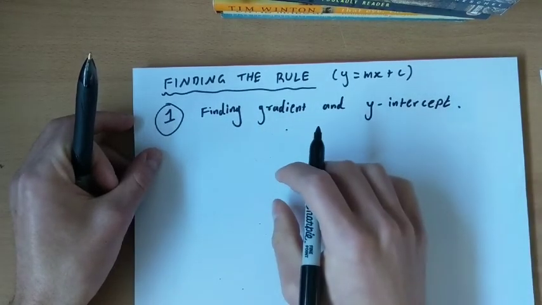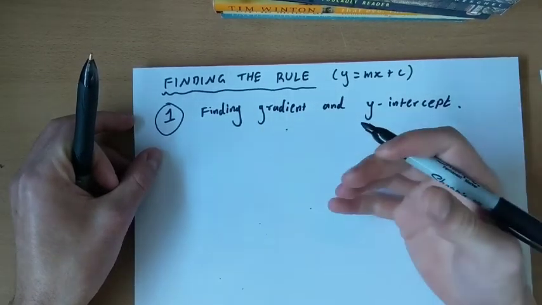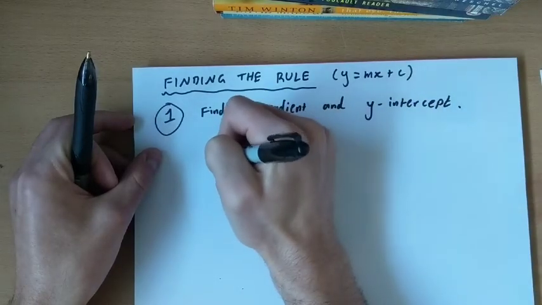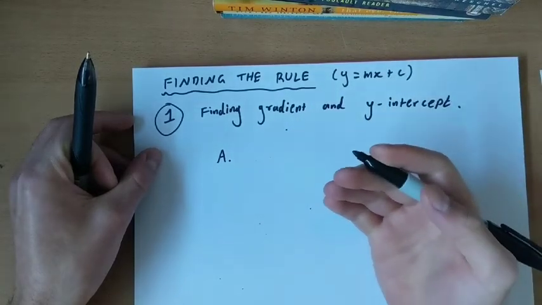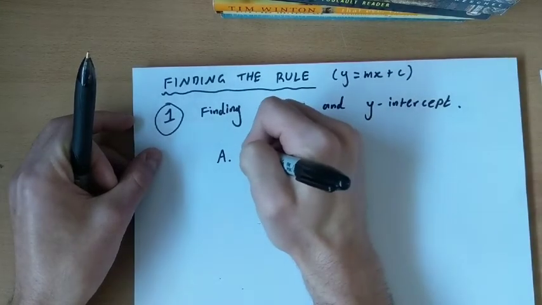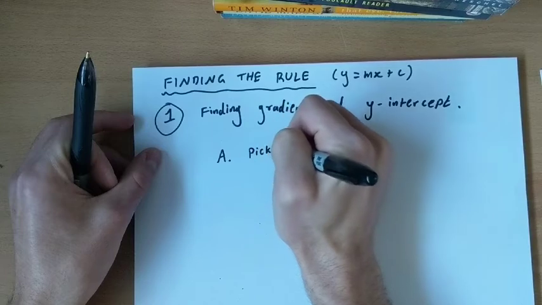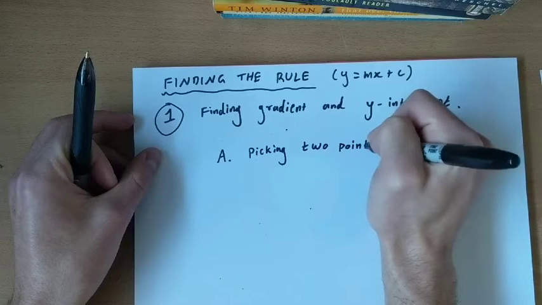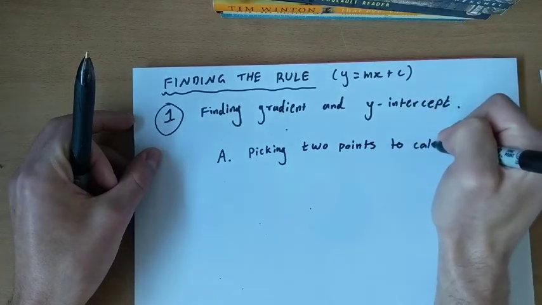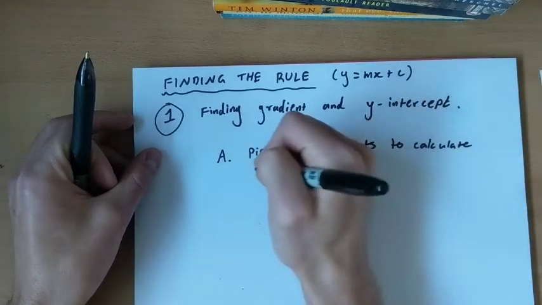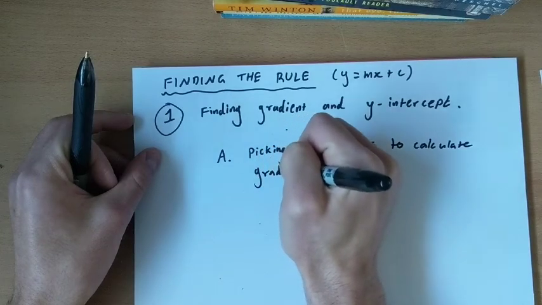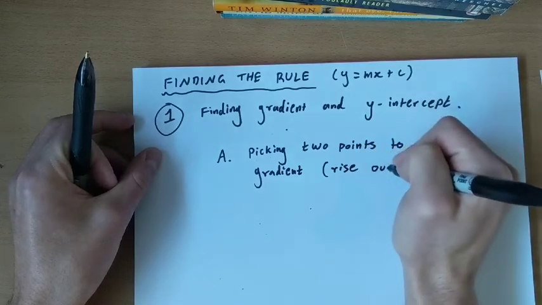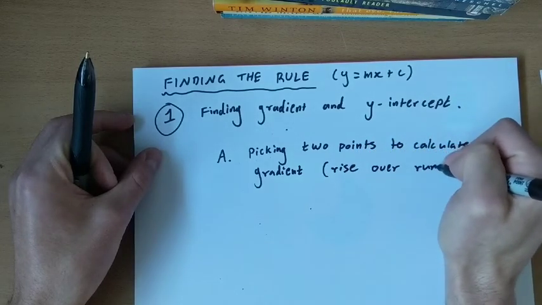So my steps for this are going to be to look at the line on the graph that I'm given. First of all, find the gradient of that graph by picking 2 points to calculate the gradient, which we spoke about as being the rise over the run.